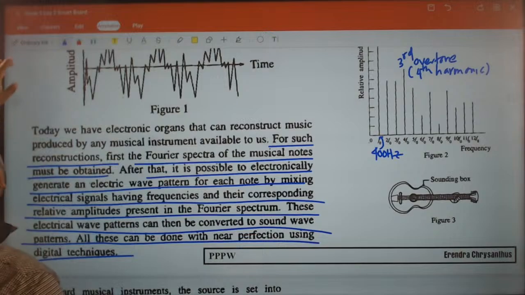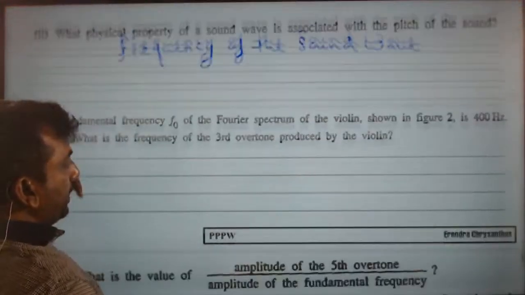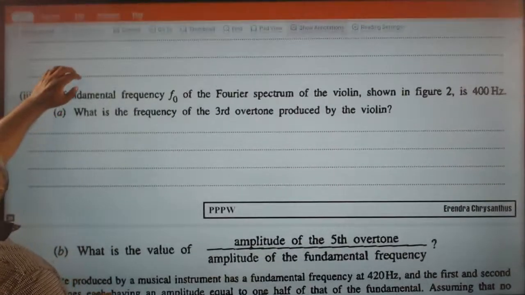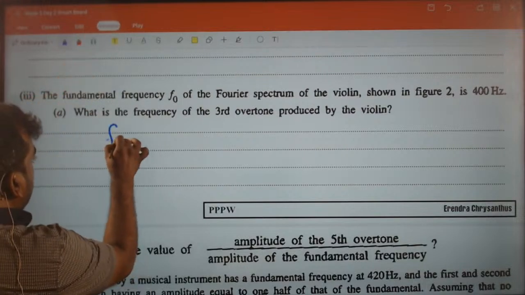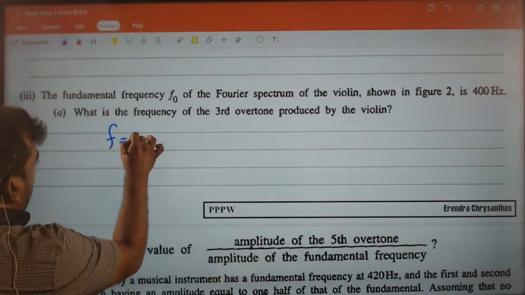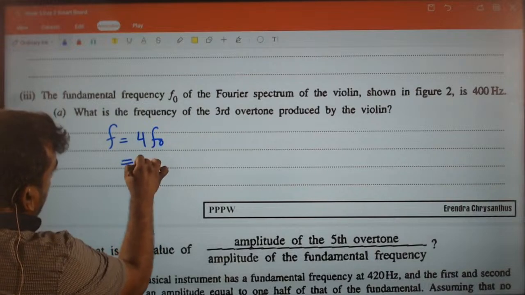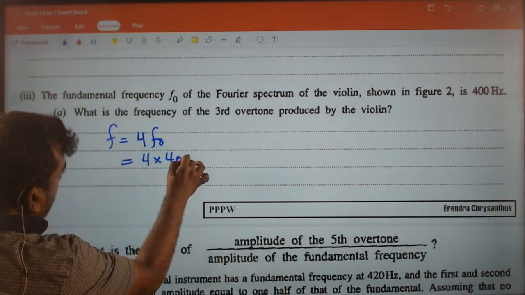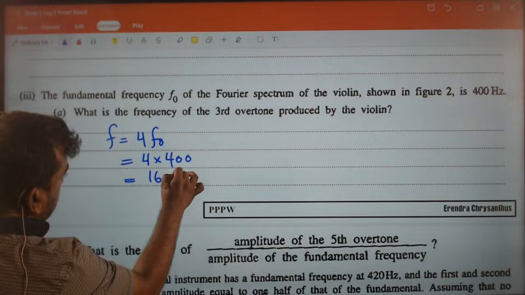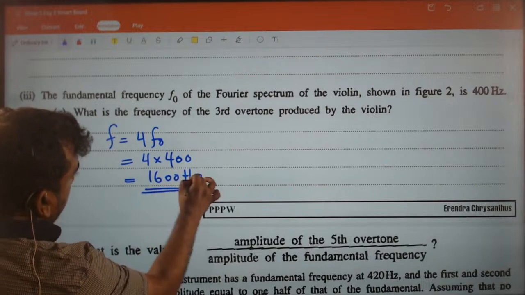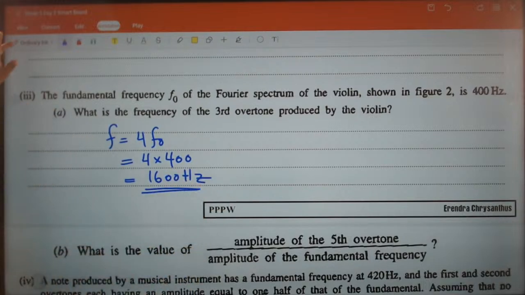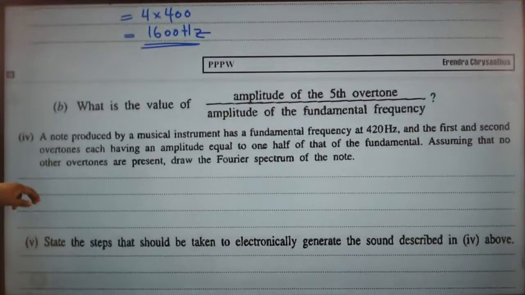So here, 4 times F0, 4 times 400, 1600 hertz. Okay, moving forward.